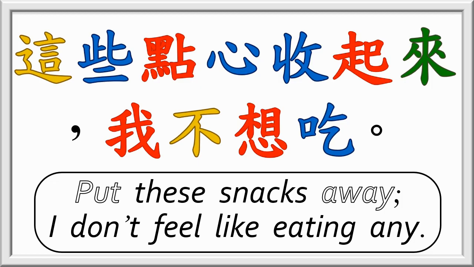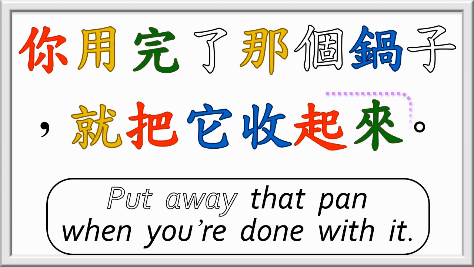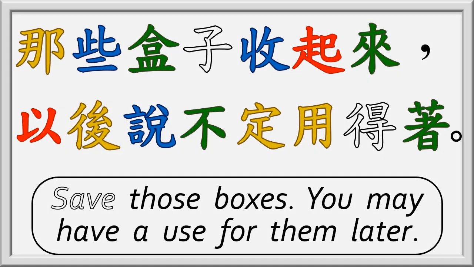I don't feel like eating any. 把书本收起来，背那首诗给我听。Put your book away and recite that poem to me. 你用完了那个锅子，就把它收起来。Put away that pan when you're done with it. 那些盒子收起来，以后说不定用得着。Save those boxes. You may have a use for them later.